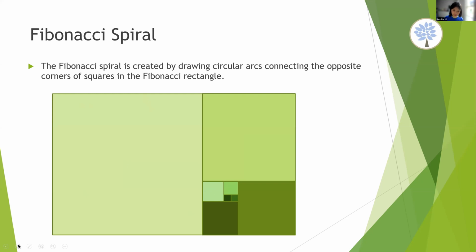The Fibonacci spiral is created by drawing circular arcs connecting the opposite corners of squares in the Fibonacci rectangle. First, I'm going to show you the animation.